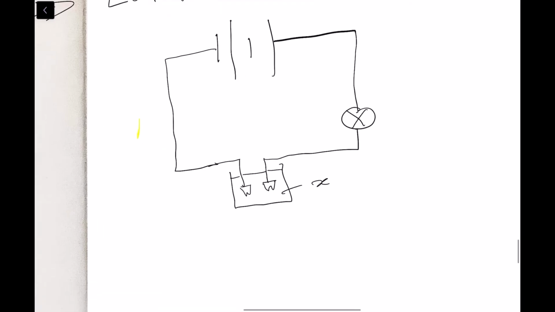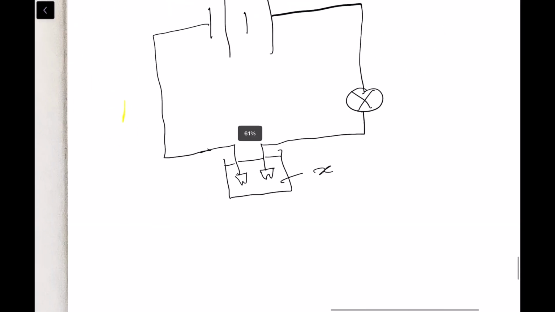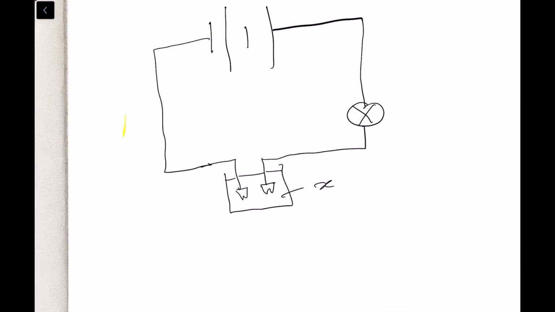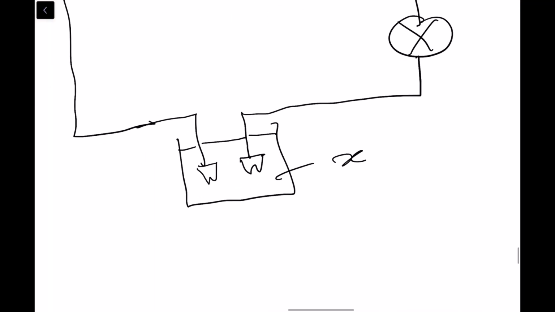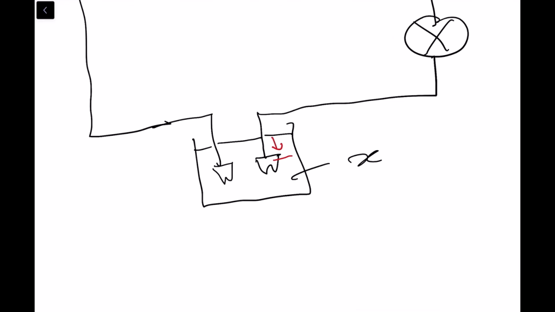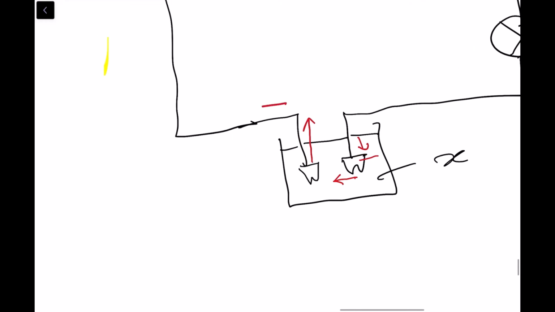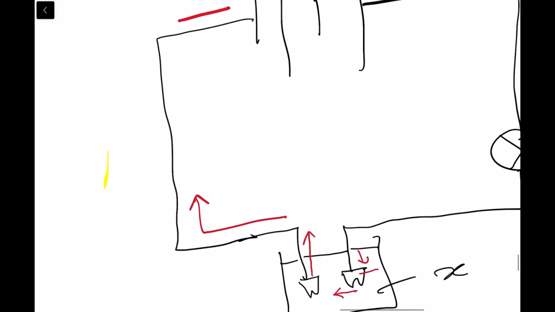So if X is a conductor of electricity, electric current would travel from the positive end down in this direction through the bulb and through this crocodile clip into liquid X. And if X is a conductor of electricity, this current will continue to flow through the liquid in this direction, and it would be received by this second clip over here, and then this electricity continues to travel up the circuit back to the negative end of the battery.